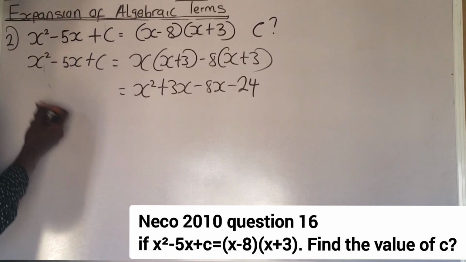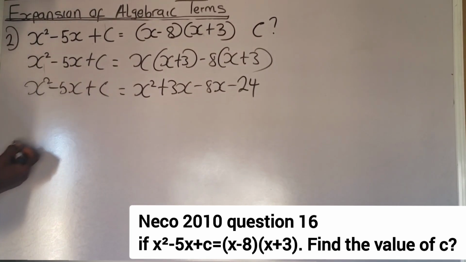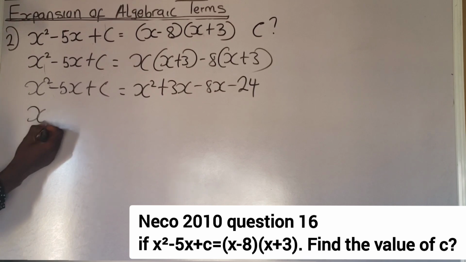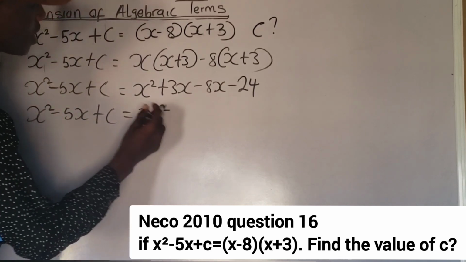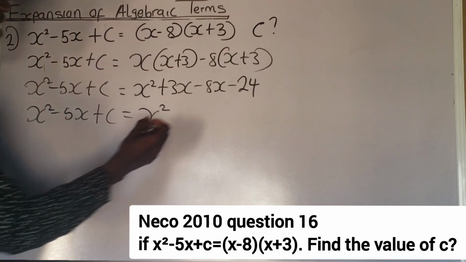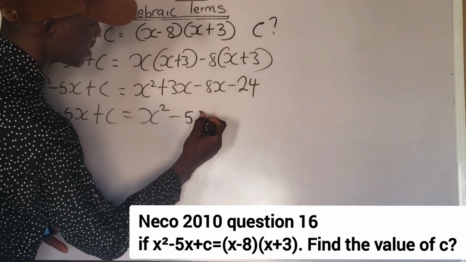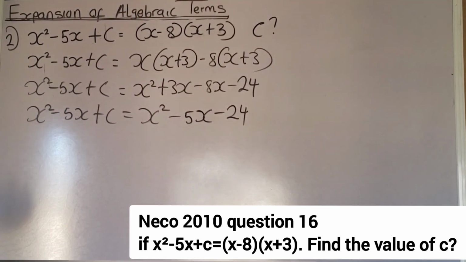Now we have here x squared minus 5x plus c is equal to x squared. Now we have positive 3x and negative 8x. That will be what? Negative 5x. So I'm going to have negative 5x, negative 24. Do you understand? Now look at this. I want you to check both equations if they are the same.